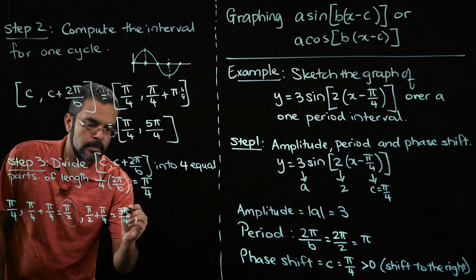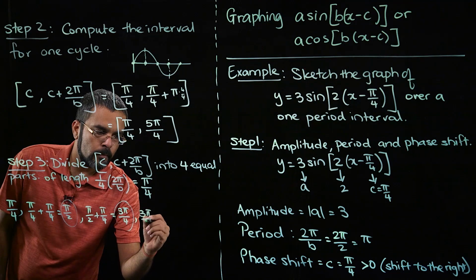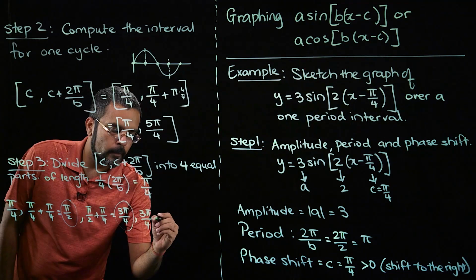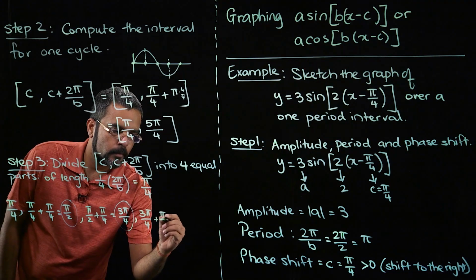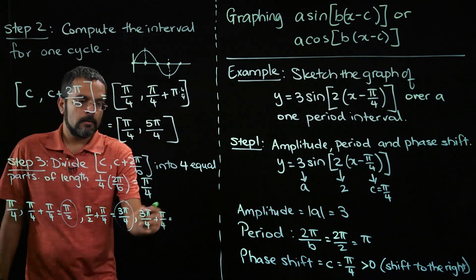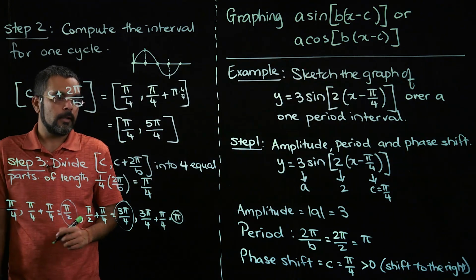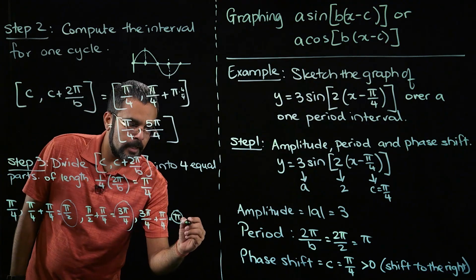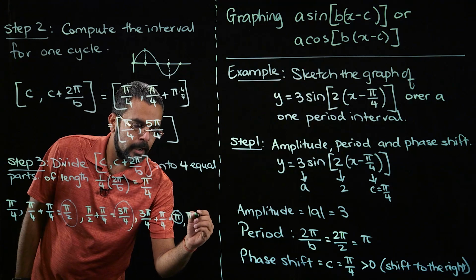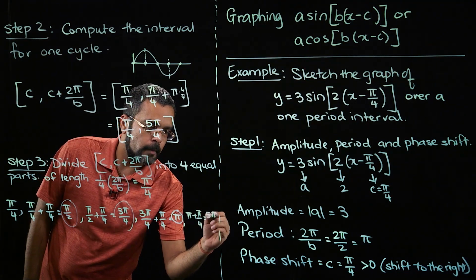Then I take 3 pi over 4 and add another pi over 4, and that's going to give me pi. And then finally, I'm going to take this pi and add a pi over 4, and that's going to give me 5 pi over 4.